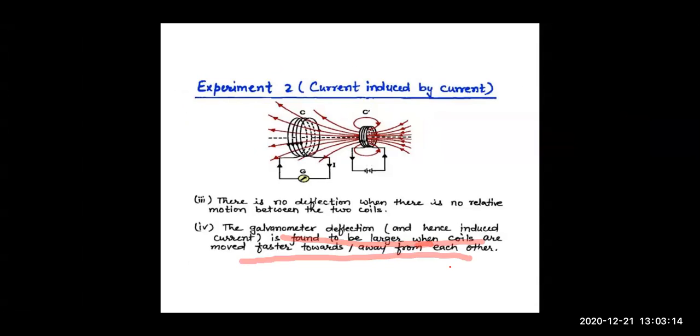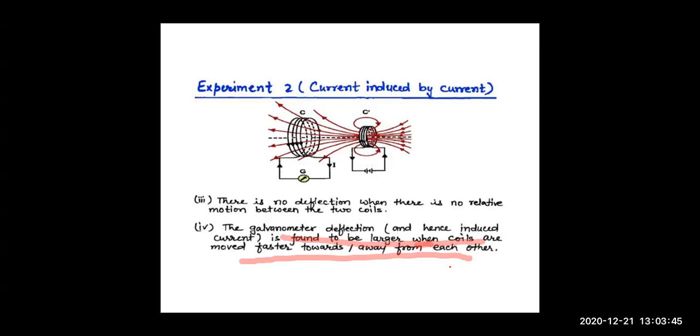So the rate of motion, how fast you are moving, how slow you are moving, is also one of the factors on which the magnitude of induced current depends, right? More current will be produced if you are moving the coil towards the other coil faster, or you are moving the coil away at a greater rate, at a greater speed, right?